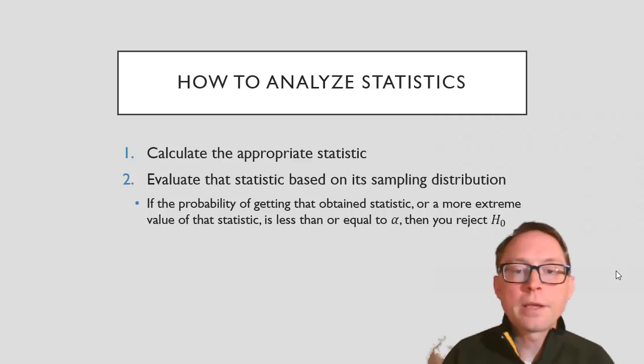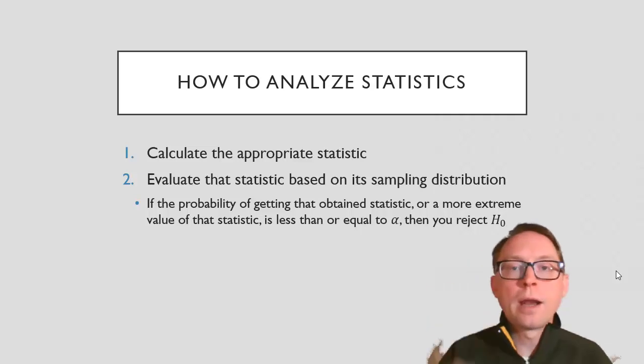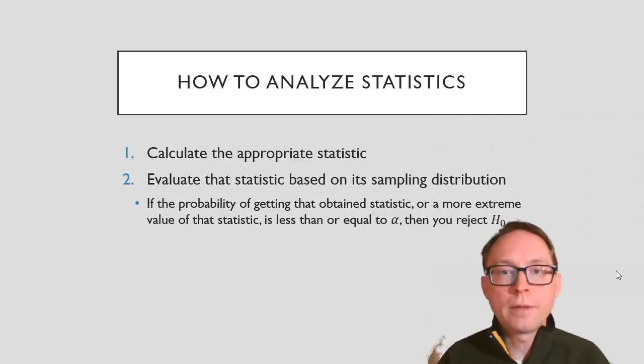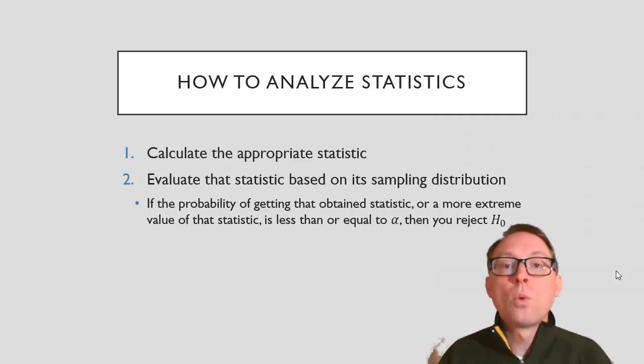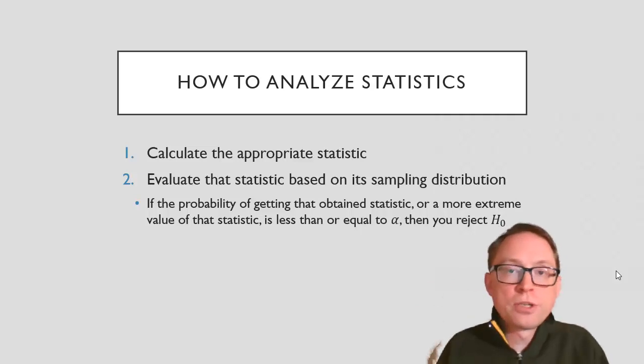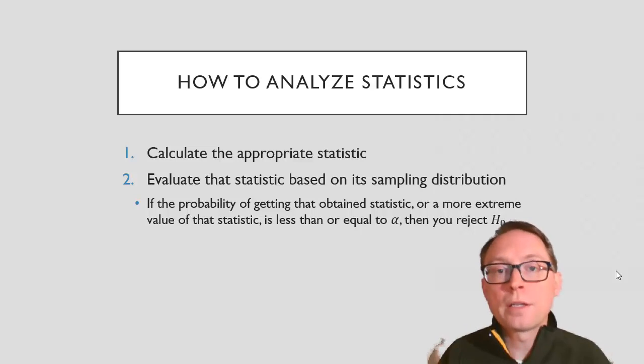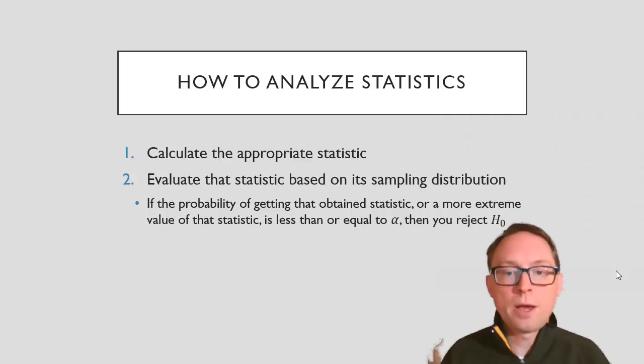So let's say that I calculated the statistic in step one and I got a value of 28, right? Then step two is, looking at the sampling distribution, what's the probability of getting a 28 if the null hypothesis is true?